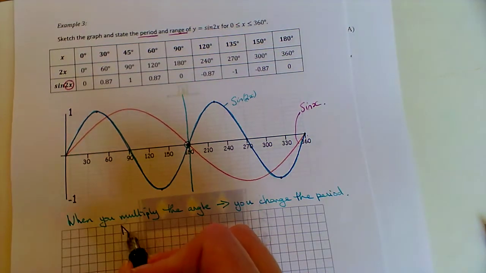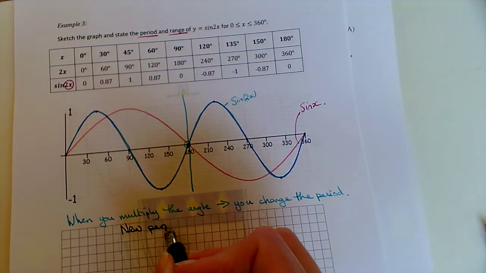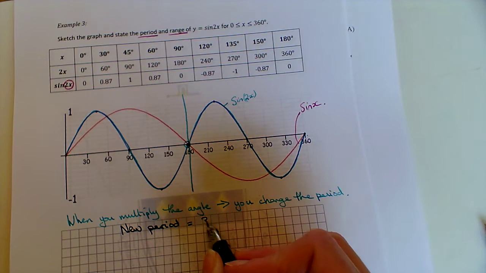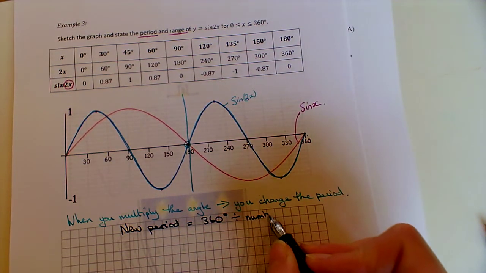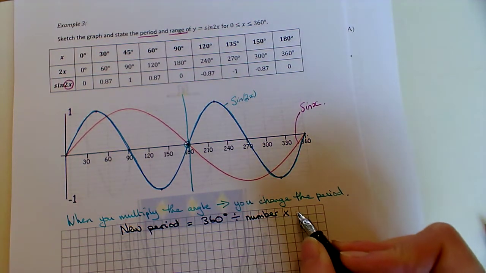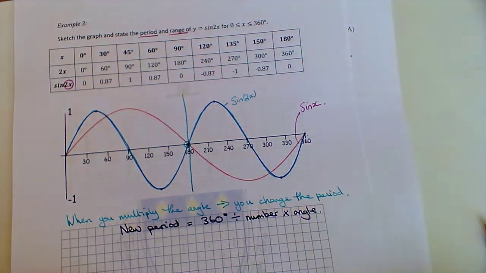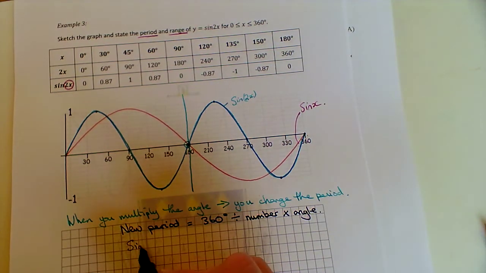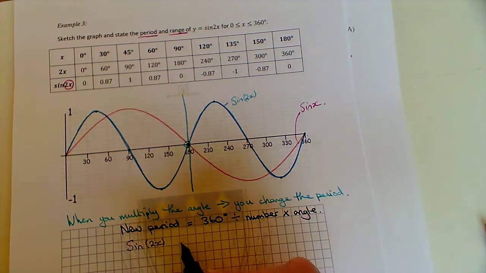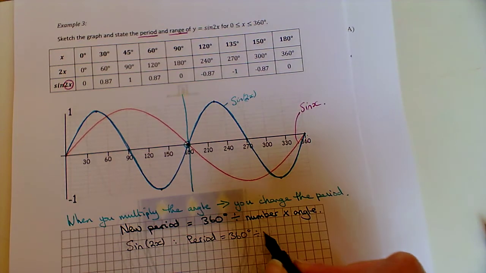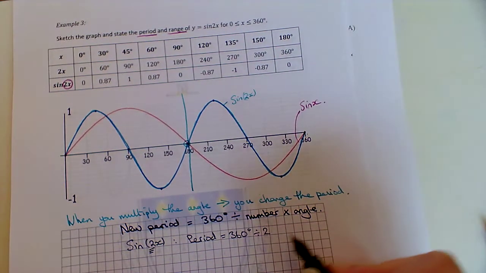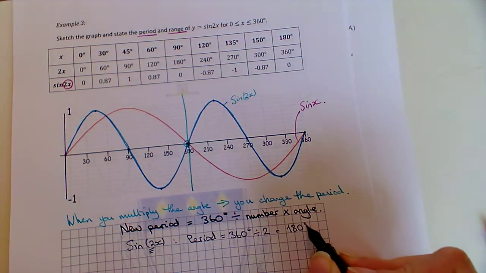So the new period will be 360 degrees divided by the number that multiplied the angle. So if I have sine of 2x, then the period is going to be 360 degrees divided by 2, because there's a 2 in front of the x, and that is 180 degrees.